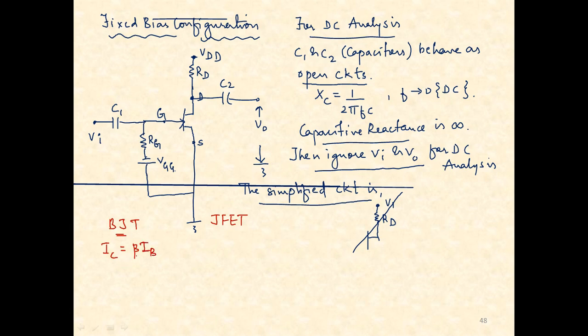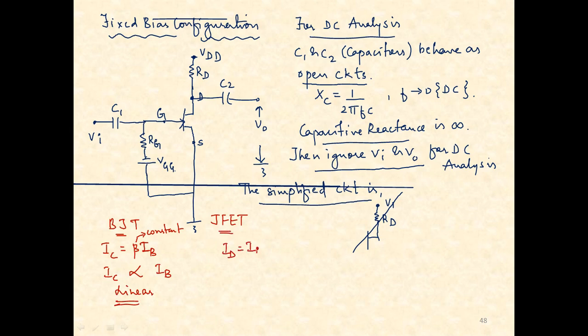We are all very well aware of this expression. Now beta is a constant. That means IC varies linearly with respect to IB. So there is a linear relationship existing with respect to a BJT.